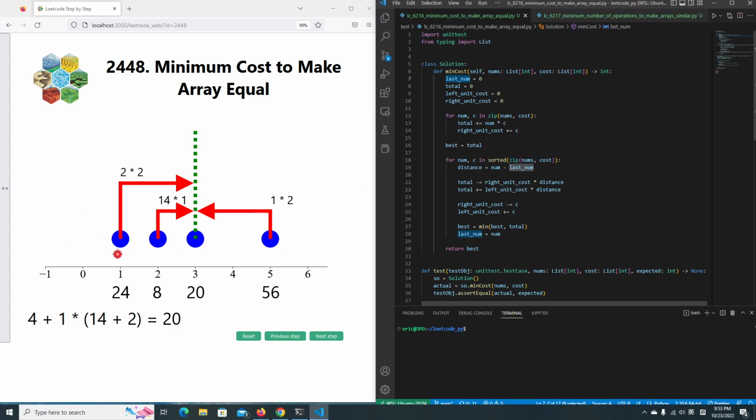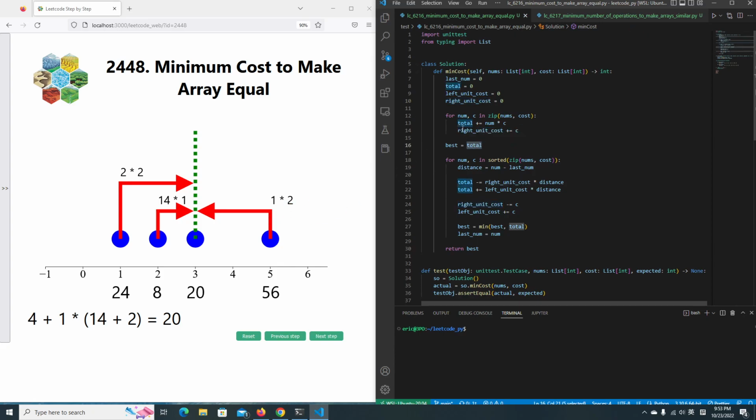When we are calculating 1, we can use this one, right? And the second variable is total. And we will have left unit cost and right unit cost. So left unit cost is when we add up all the unit costs before the current unit. We will have the unit cost for all of them, because we are going to use this value to multiply the distance, right? Likewise, we will have the right unit cost.